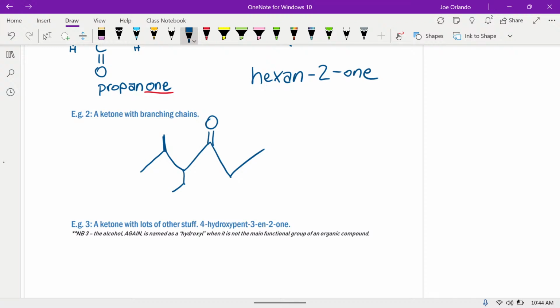Yeah, ketone will get numbering priority, though in this case, it's not tied with anything, so you'll still number from the left. So if it were tied with something, if they're both going to give you 2 as the lowest number, then you give the ketone the 2. But in this case, it's 2 versus 3, so you still go with the 2. Does that make sense?